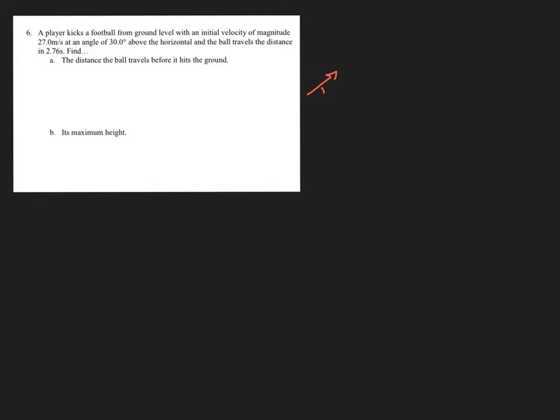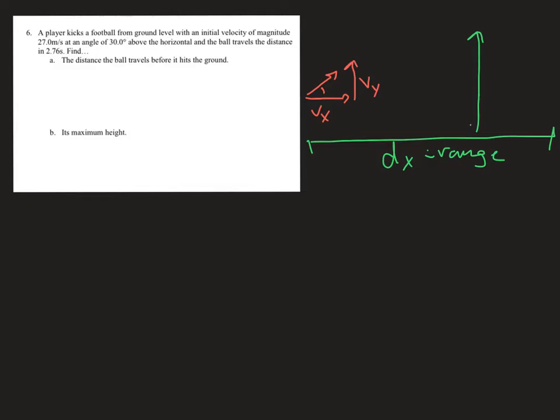What we'll be looking for is the velocity in the x and the velocity in the y, because we are in charge of trying to find the total distance in the x, or range, and then also the h, or max height.